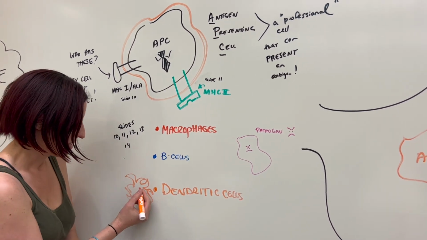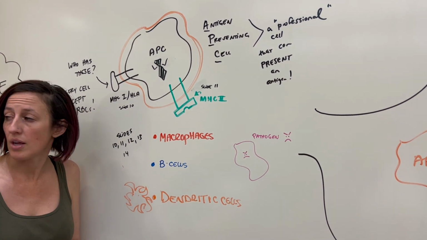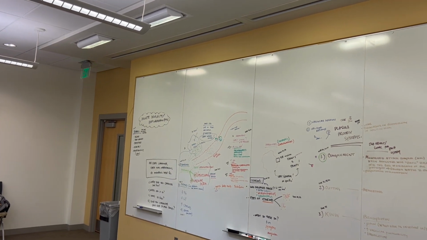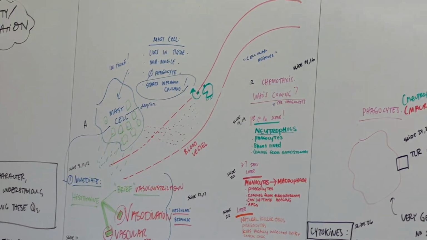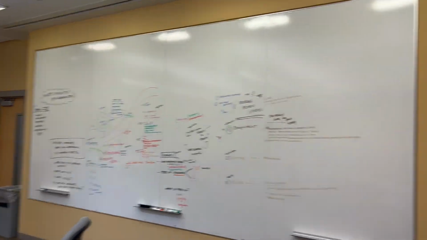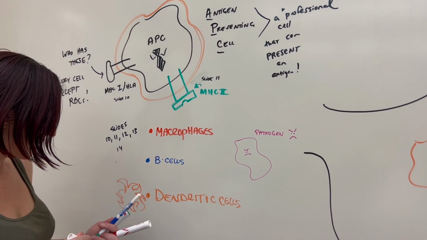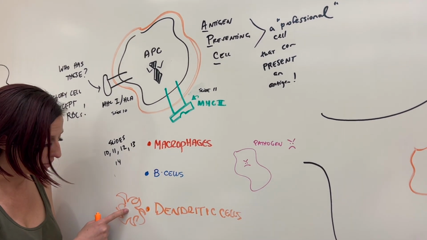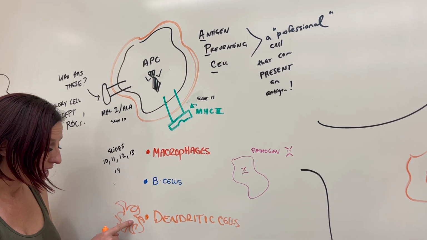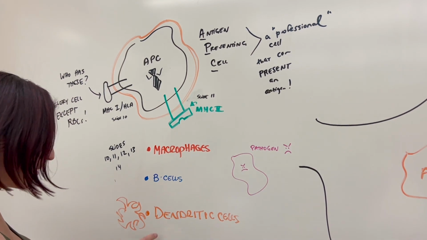Dendritic cells live in the tissue, like where we were before with our innate immunity, out in the tissue surrounding the blood vessel. And these guys are also professionals, and they are phagocytes. They can go and eat pathogens or cellular debris, and then they take them and come into play here with everything else.